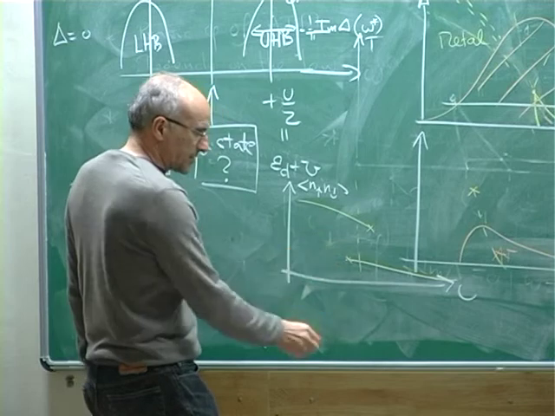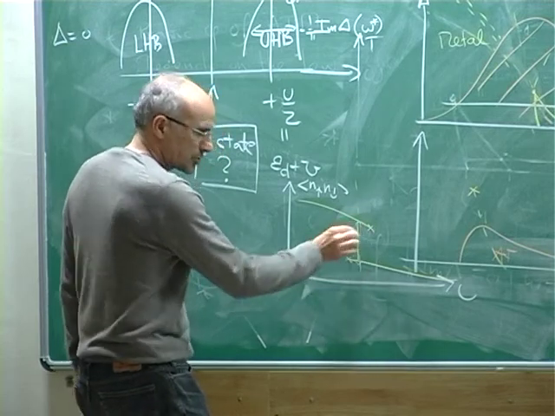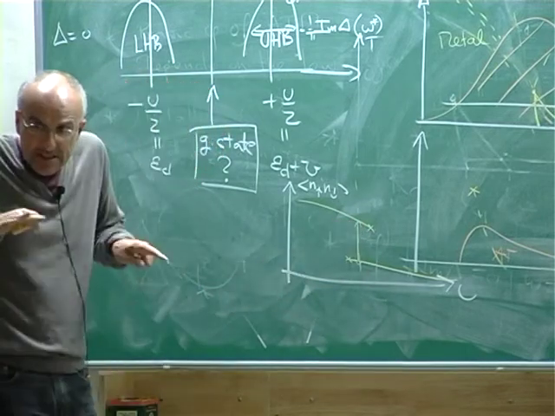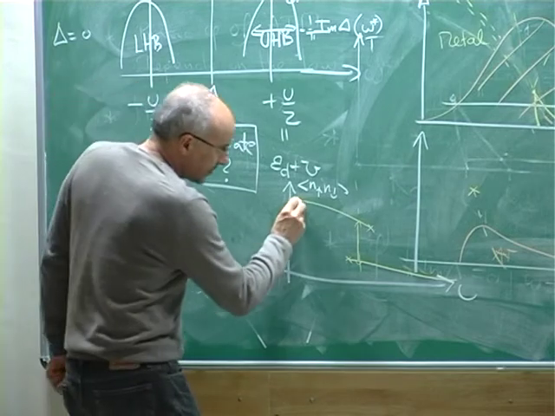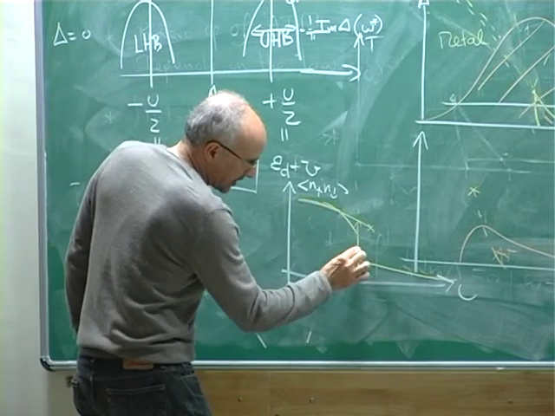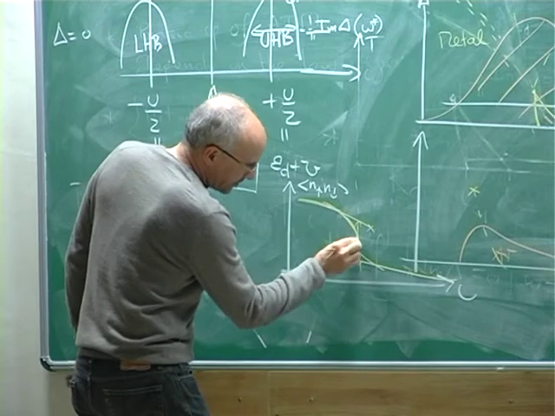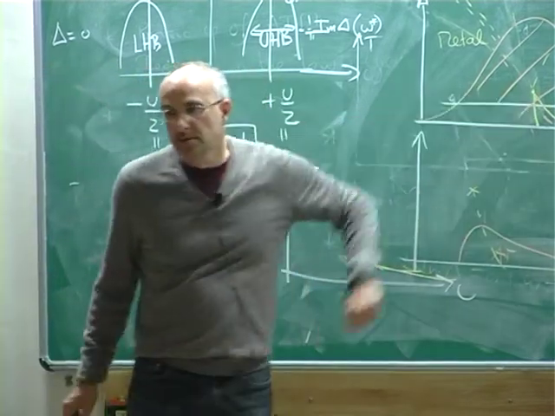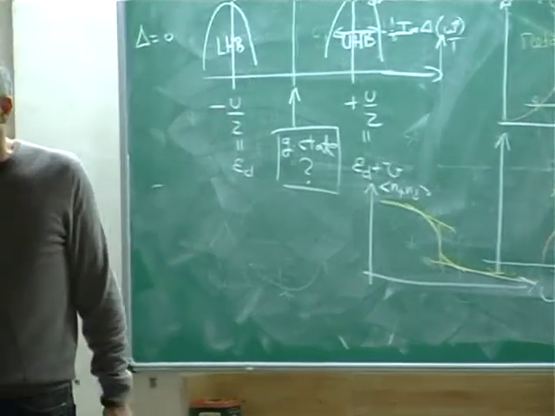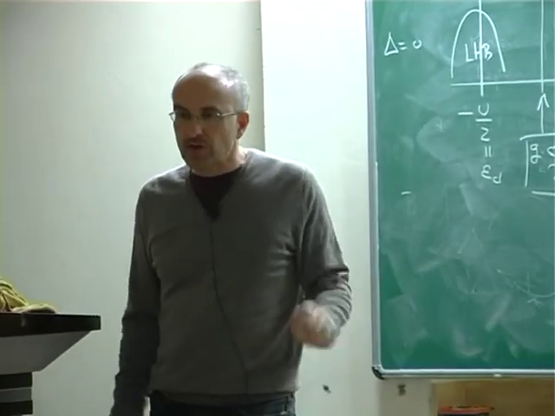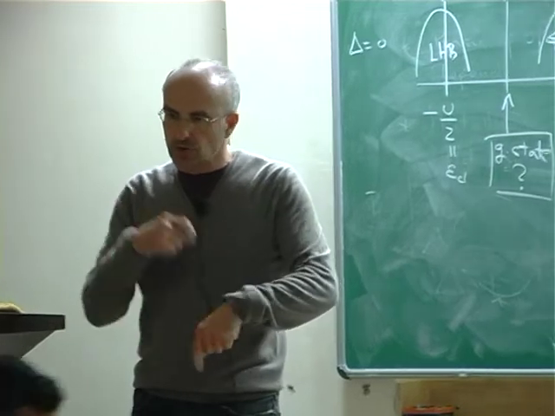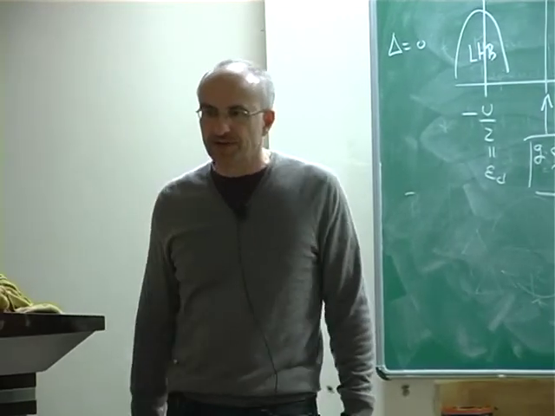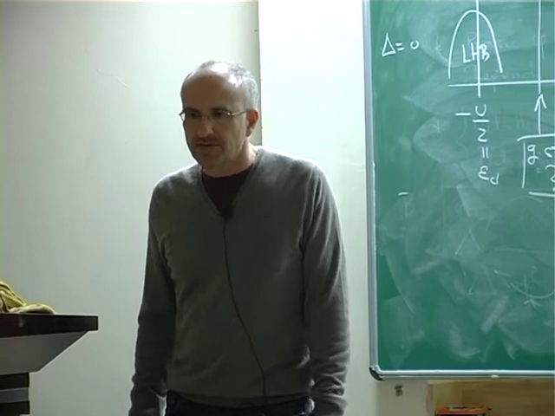Somewhere there is the first order transition, so that guy jumps. As you raise temperature, this thing becomes gradually smaller and smaller, and at some point it becomes like this with a vertical tangent, and this is TC. But you need to do quite a bit of work. You need to stabilize these two solutions, calculate their free energy, and find the first order line, if you really want to do that.